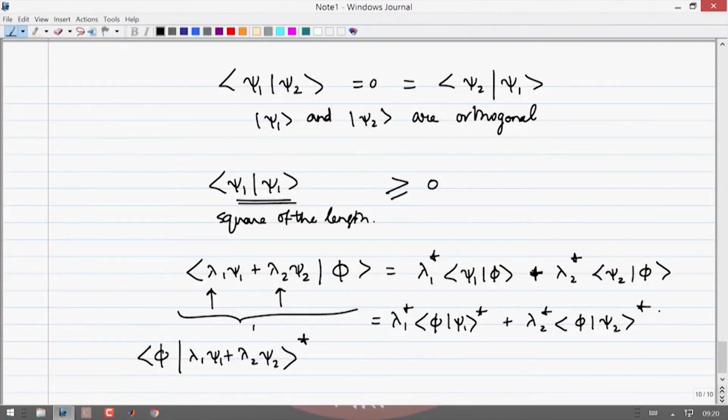These two are equal, and you can see therefore, this is the same thing as taking the lambda 1 star psi 1 star phi psi 1 star and likewise. These are properties which are important when we calculate the wave functions, their normalization constants, their orthogonal properties and so on.